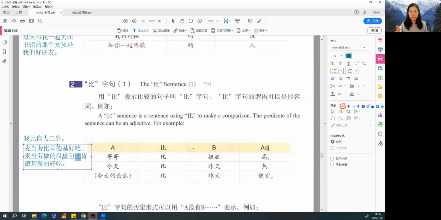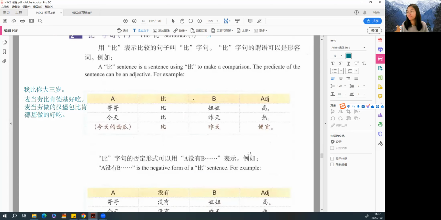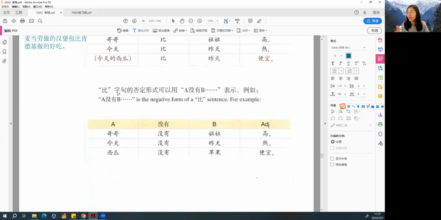So people will exactly know that you are comparing object A and object B. Okay, now let's take a look at the first example here. 今天的西瓜比昨天便宜. So today's watermelon is cheaper than yesterday. The price is lower than yesterday, right? 比. So now let's take a look at the negative form.